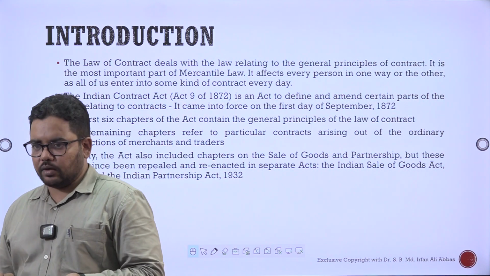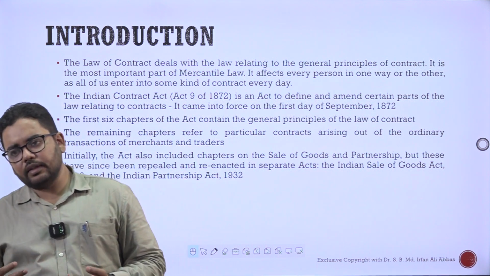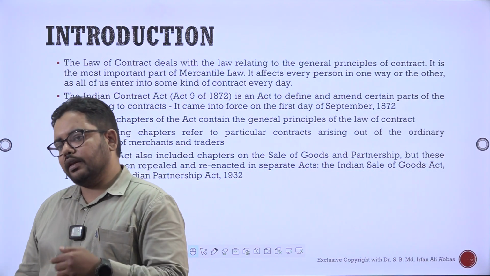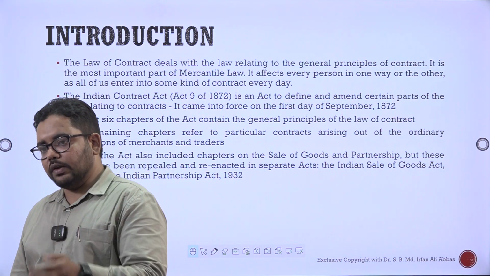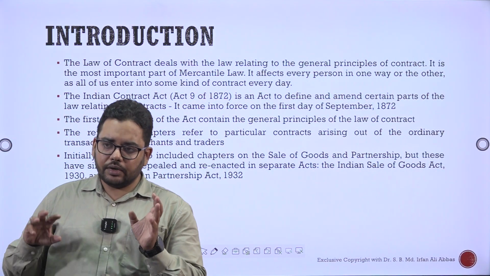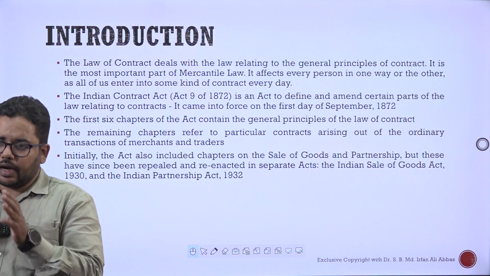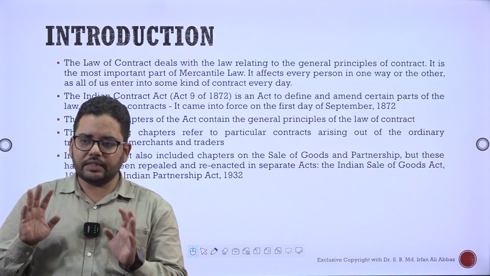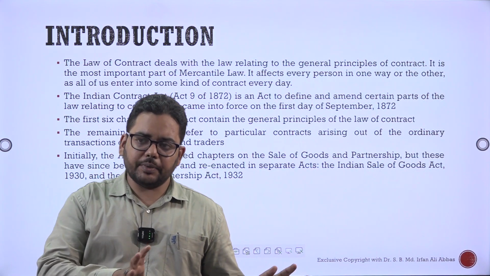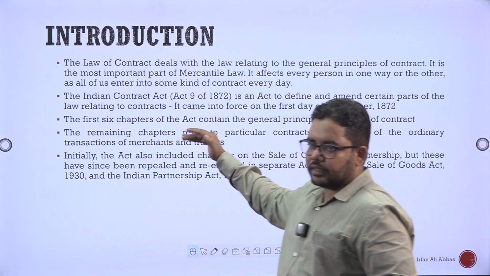These are special contracts which commonly take place in the merchant world, where merchants and traders are regularly involved. Because they are very common in their occurrence, certain basic fundamental principles have to be followed in respect of these special contracts, so the other chapters deal with those.